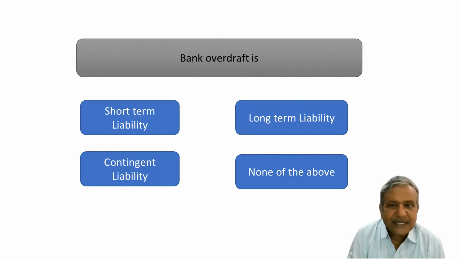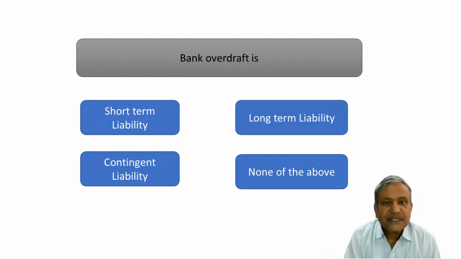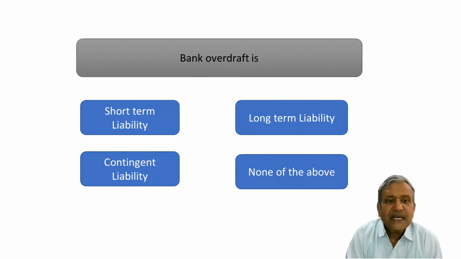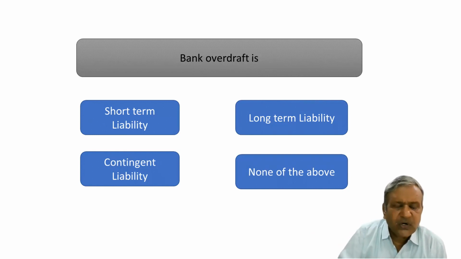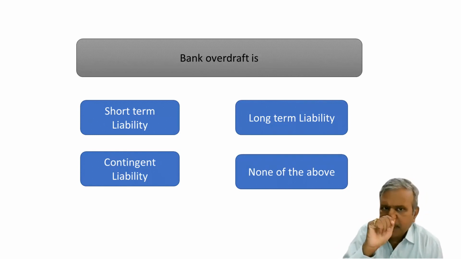The banker says, okay, I'll give you some overdraft, which will clear your check. That is a temporary liability given by the bank as a facility. It is called a bank overdraft. It is short term; they won't give it for 3 or 4 years, only temporarily. That's called a short-term liability.